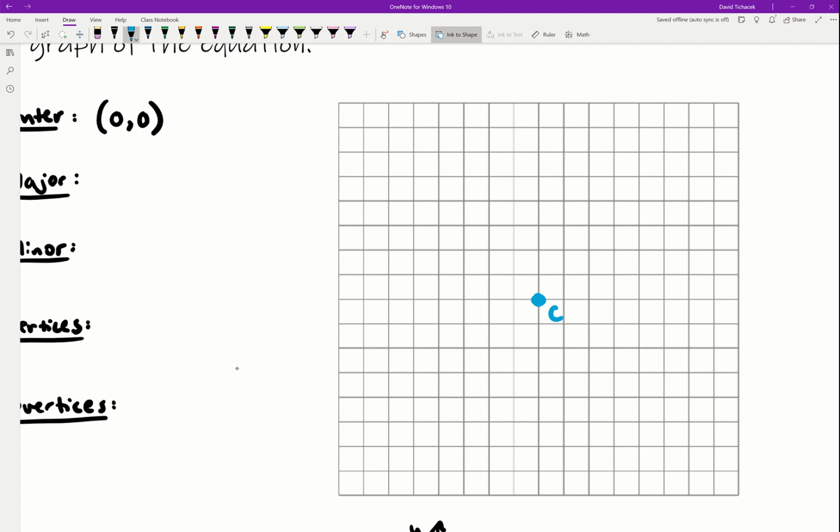I'm going to count 5 to the west and then count 5 to the east and place those 2 points, okay? Again, how am I getting those? That is just the length of whatever A is, okay? So that is going to be my major axis. It's going to be my longer axis. And again, I place those points according to what A was. In this example, A was being played by 5, so that's how many grid squares I counted to the east and to the west, okay?